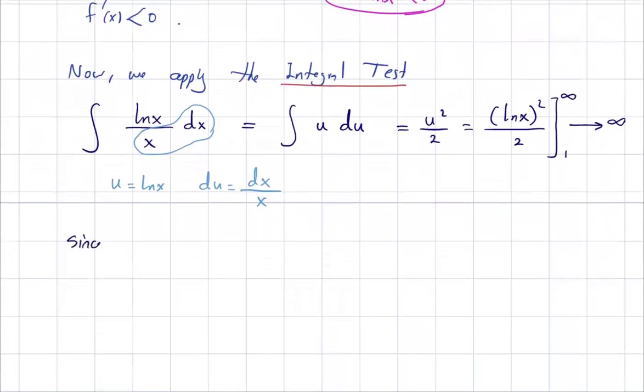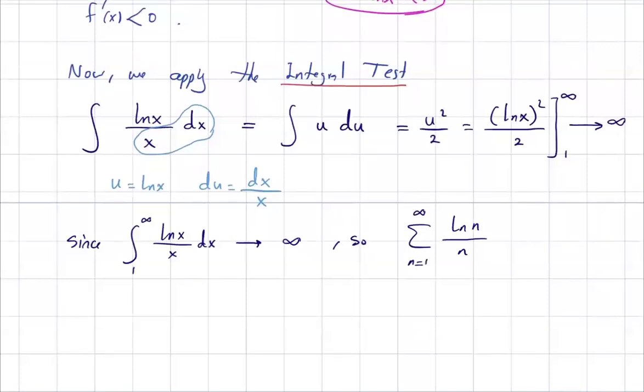Since the integral of ln of x divided by x dx is getting closer and closer to infinity, the series of ln of n divided by n from 1 to infinity also diverges to infinity. We have a divergent series.